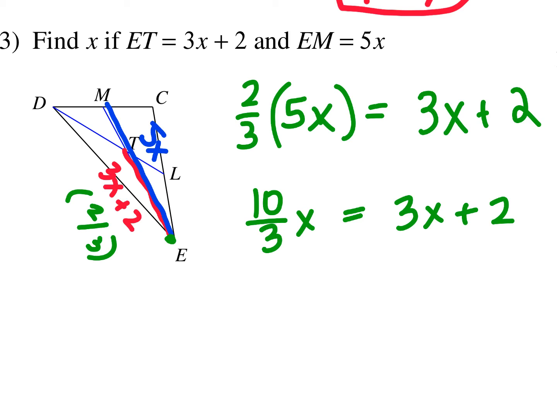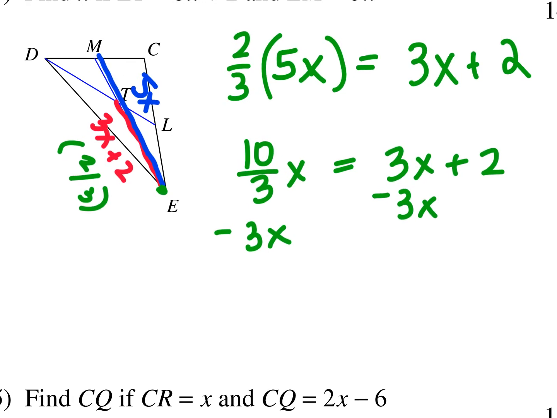Then we are going to put all of our x's on the same side. So I'm going to subtract this 3x. Okay, so 1's a fraction and 1 is a whole number. So you're going to have to find a common denominator, or you could just type this in the calculator. It'll do it for you. 10/3 minus 3 would become 1/3.